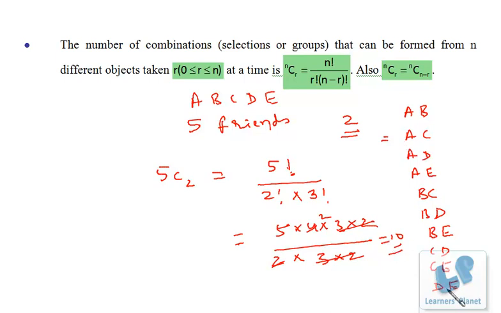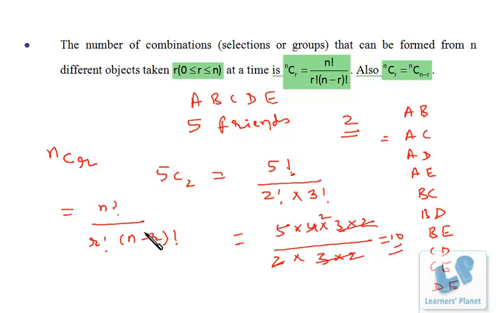So that I have written over here. So if we have n objects and we have to select r objects out of them, the number of combinations will be nCr, right? And the expansion of nCr is n factorial over r factorial into n minus r factorial, right?